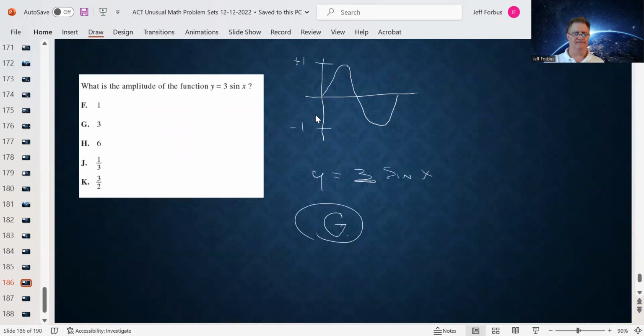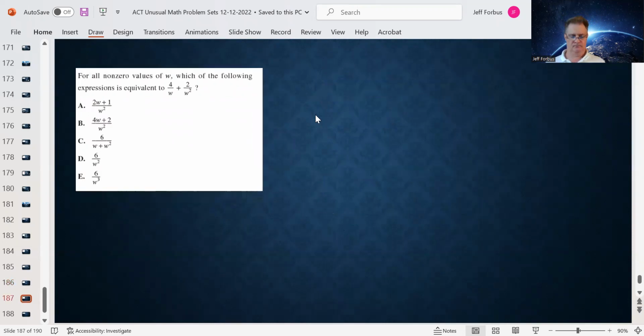All right. For all non-zero values of W, which of the following expressions is equivalent to adding those two together? Well, we're adding two fractions together, right? So number one, we've got to get common denominators between the two. So we got 4 over W plus 2 over W squared.